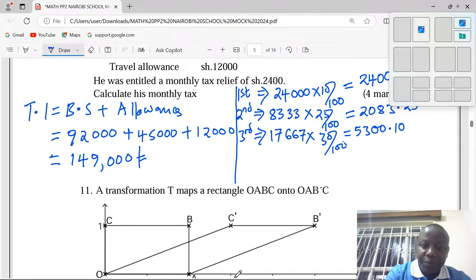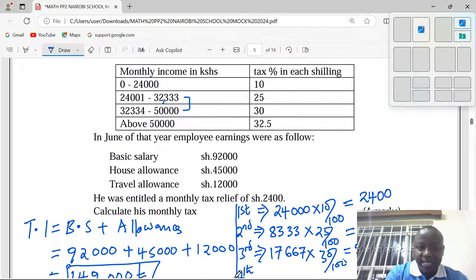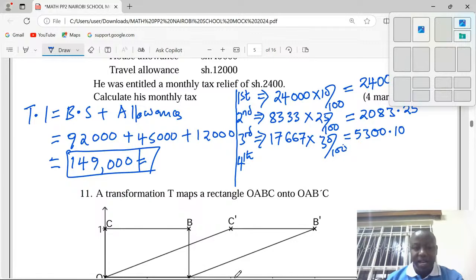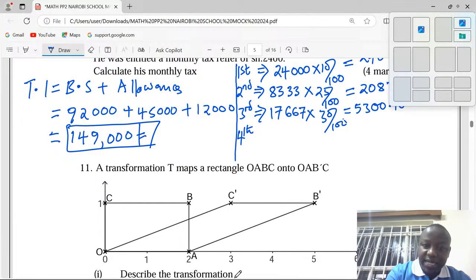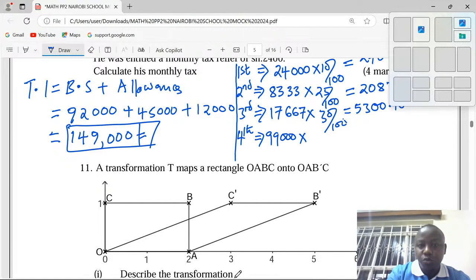And finally, in the fourth band, we need the total taxable income 149,000, and we subtract the adjacent limit, which is 50,000, and that will give us 99,000. So we'll be taxing 99,000 at the rate of 32.5%.